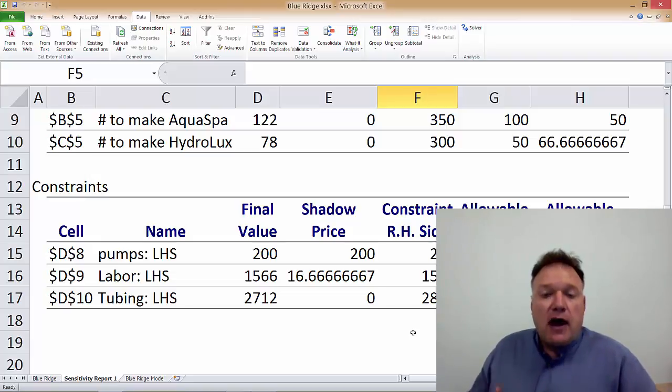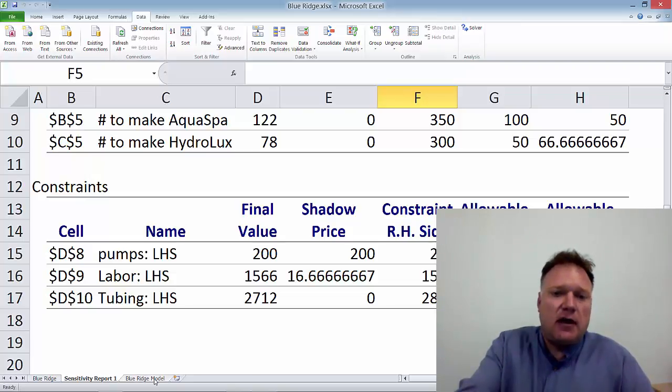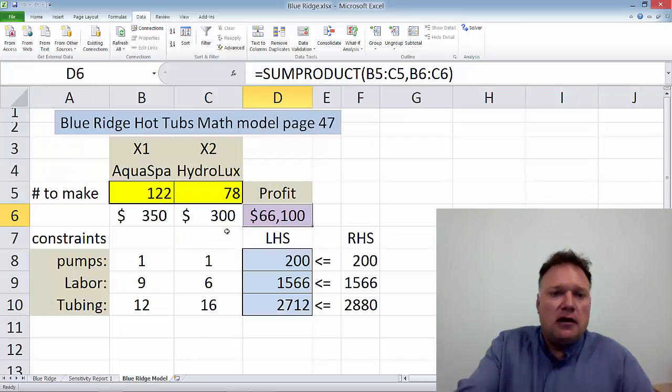Well, what if I buy one more pump? What will that do to my final profit? Because I'm trying to maximize profit. Well, this tells me one more pump will increase my profit by $200. So let's see if that holds up here. Profit is 66,100.